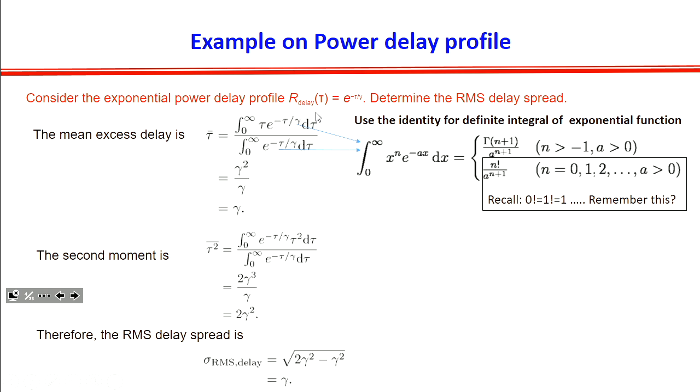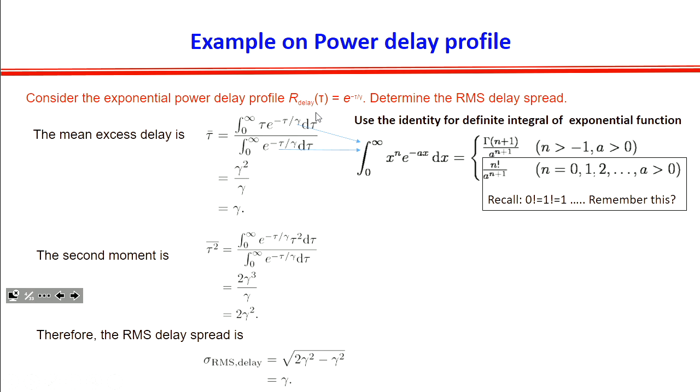Okay, the power delay profile is represented as R of tau. It is a function of delay. So tau is going to decide if there is a multipath tap in the received signal or not.